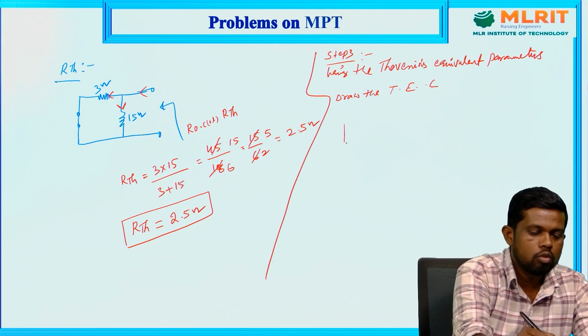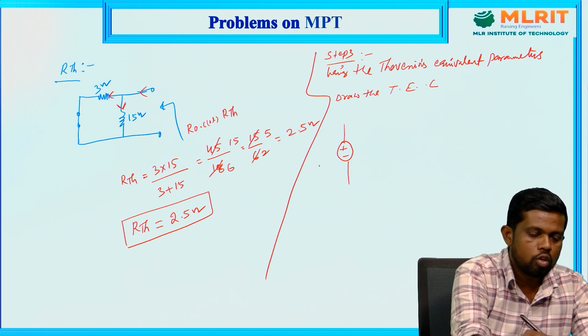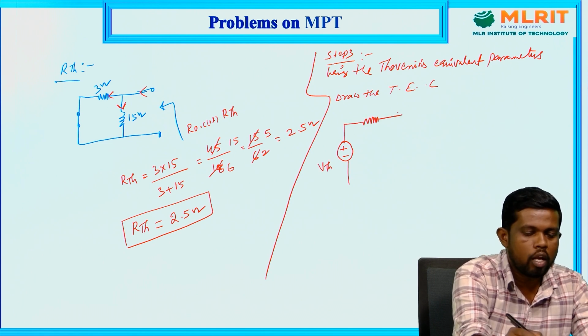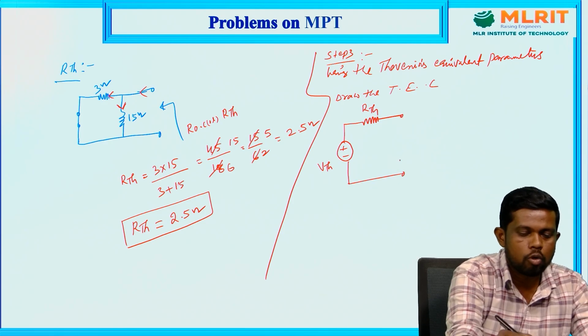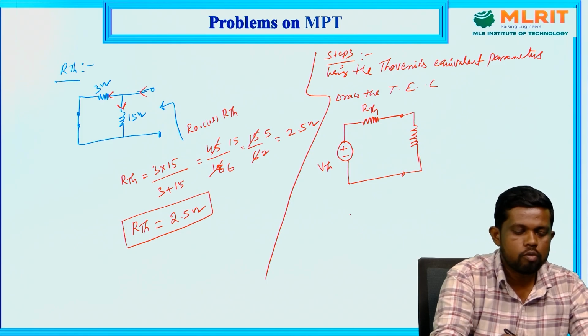So this is the Thevenin's equivalent circuit. This is the VTH value, this is the RTH value, and this is the RL of the circuit. So what is the VTH value of the circuit?